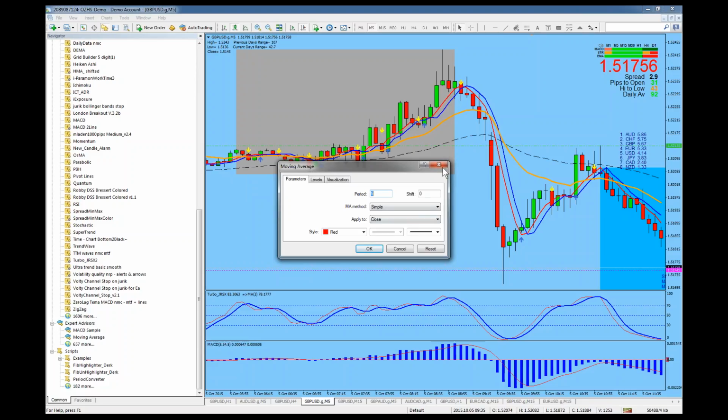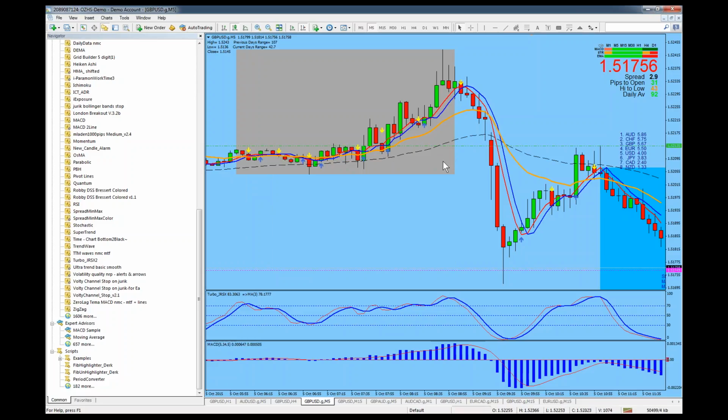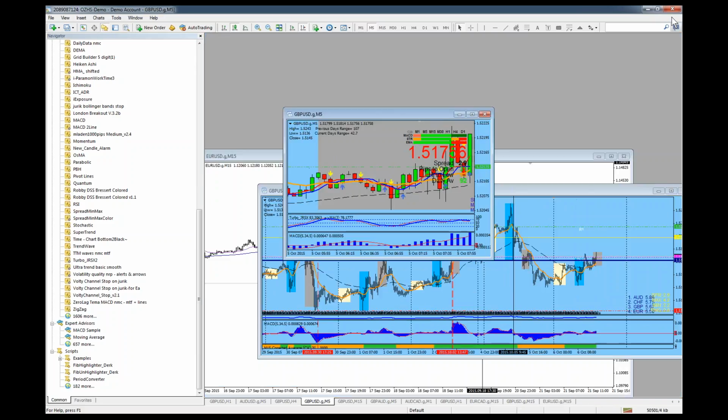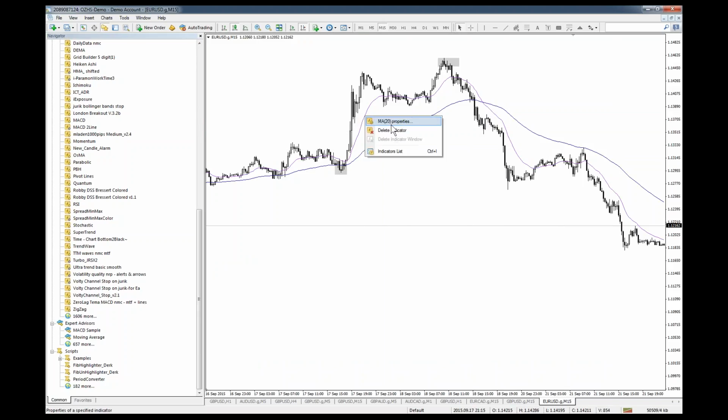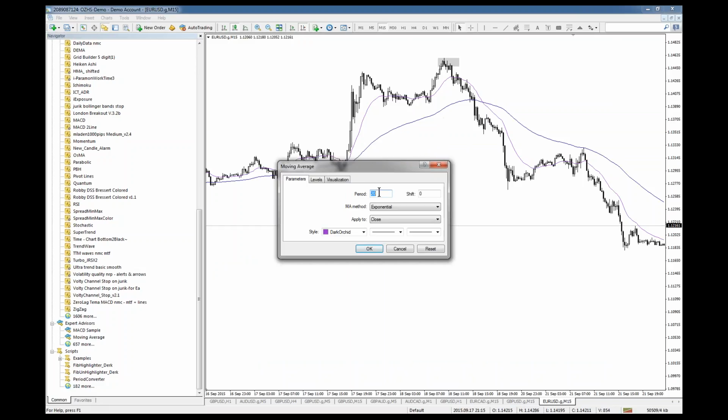And when they crossed, that tended to be pretty close to the top and to the bottom. Now let me go back to the black and white chart. And let's make this the 5 simple open.